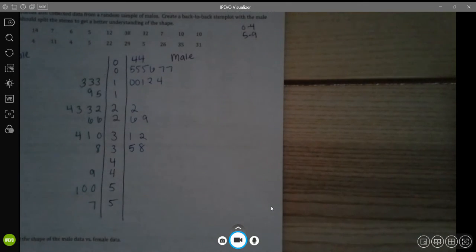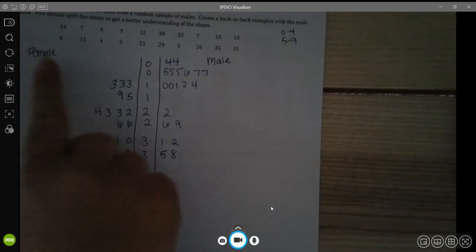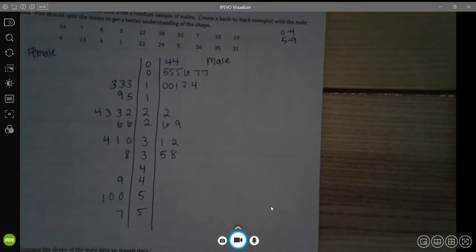All right, so here is the male data. I'm already starting to see some differences and some similarities here. You might be seeing the same things. We've got our male data and our female data. Make sure you label it, with the labels at the top. The last thing we're going to do today is compare the two. Make sure you use your comparison words.